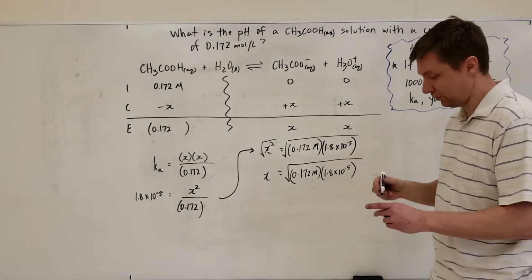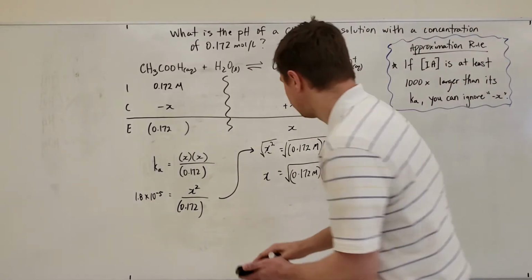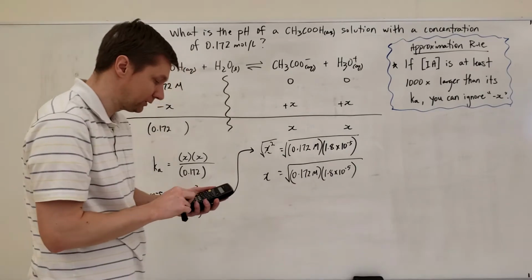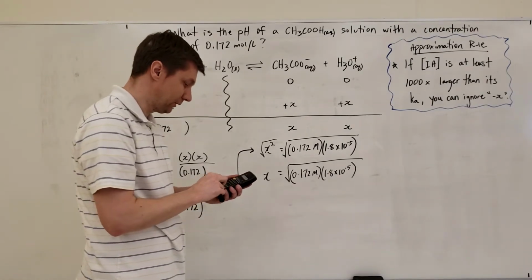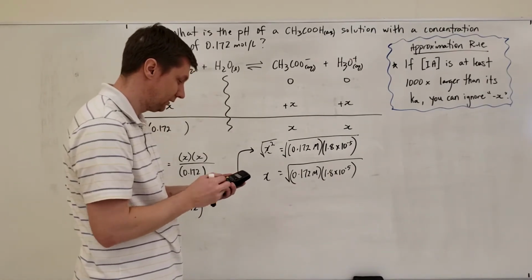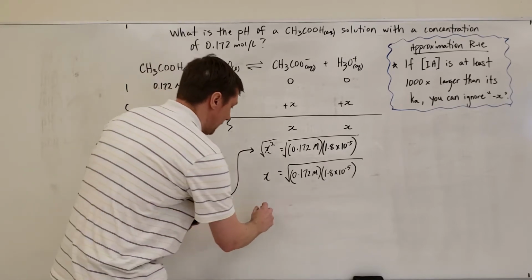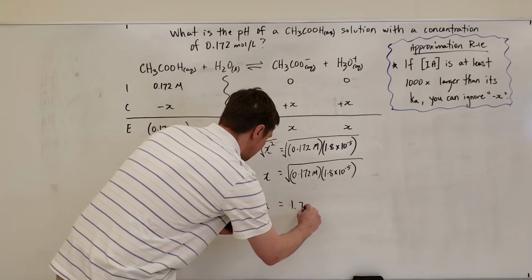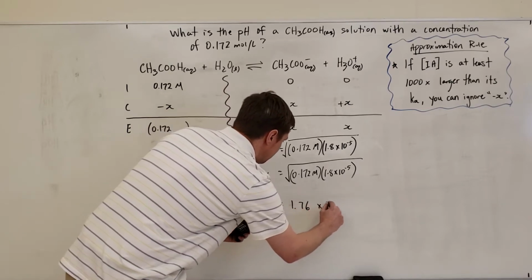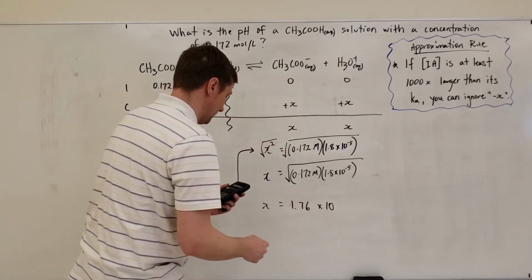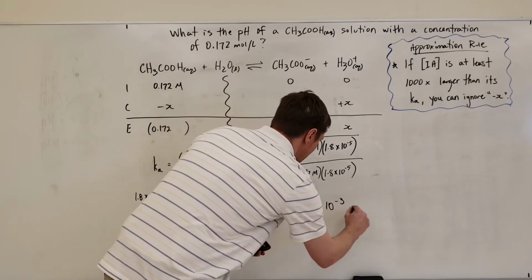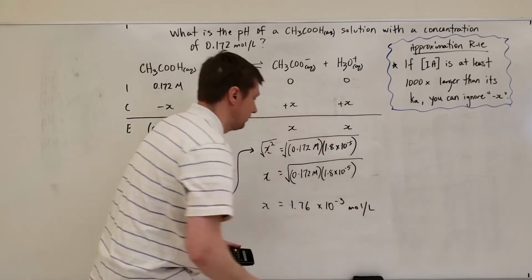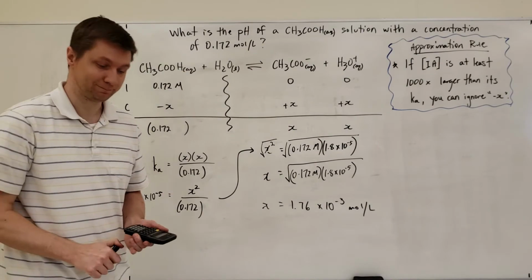Now, I can plug this into my calculator, and that gives me x is equal to 1.76 times 10 to the negative 3 moles per liter.